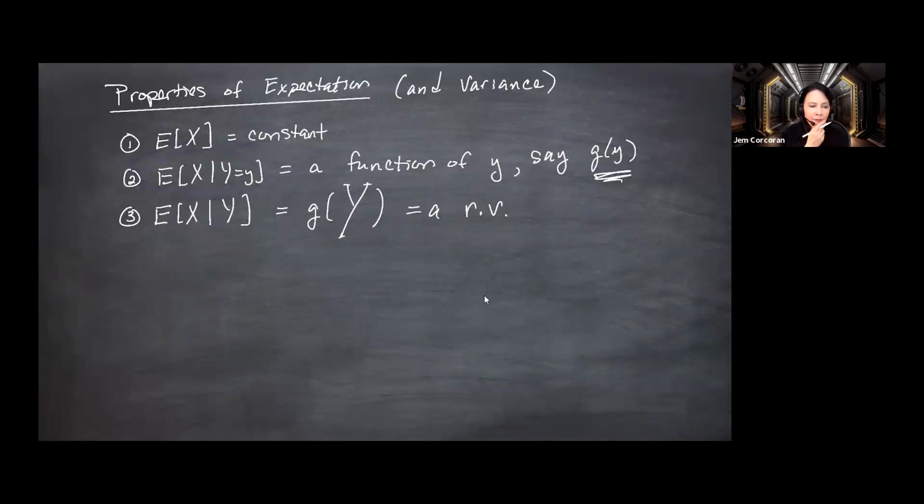Okay, so the next thing is truly a property. Those weren't really properties. And that is that you could write the expected value of a random variable x as the expected value of the conditional expected value of x given y. A very Markov thing to do if you've come out of Markov.